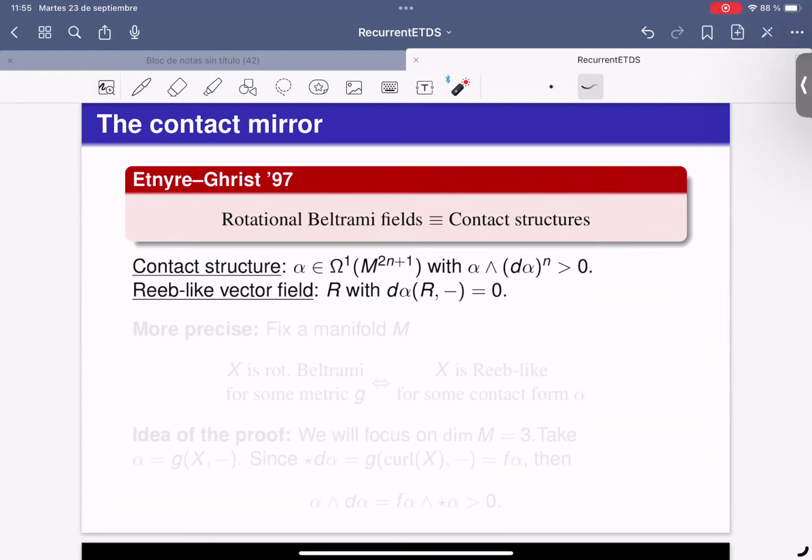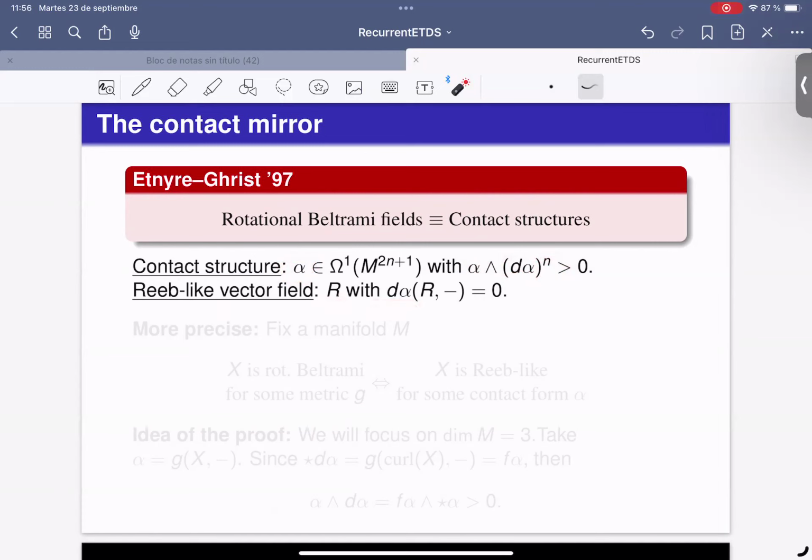But in terms of forms, this means that you have one form alpha on your odd dimensional manifold. Contact structures only exist on odd dimensional manifolds, with the property that alpha wedge d alpha to the nth power is a volume form. And if you have one of these contact structures, you can define what are called the Reeb-like vector fields, that are vector fields that vanish d alpha.